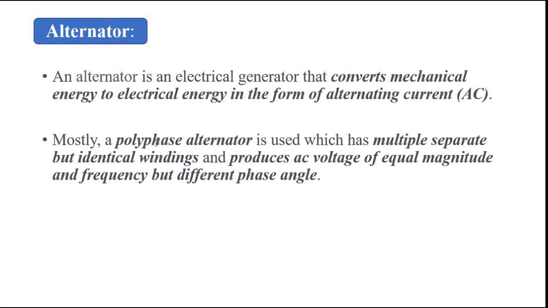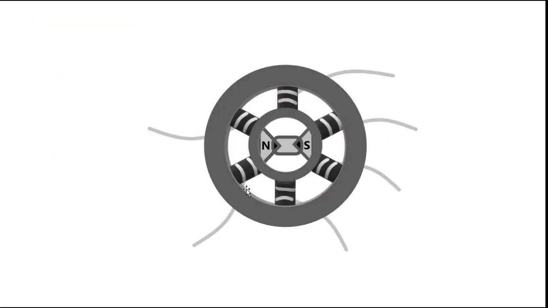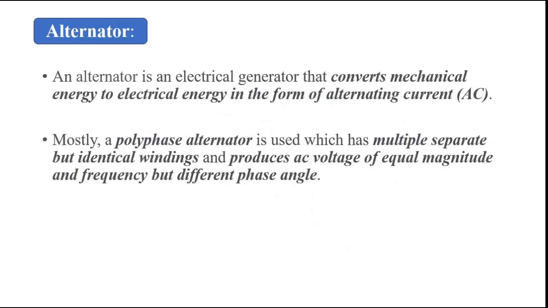As I said, mostly polyphase AC generators or alternators are used, which have multiple windings, each producing a voltage of certain magnitude and frequency, but the phase difference between them is different with respect to each other. They are displaced, leading or lagging, by particular phase angles. So same thing, equal magnitude and frequency but different phase angles.